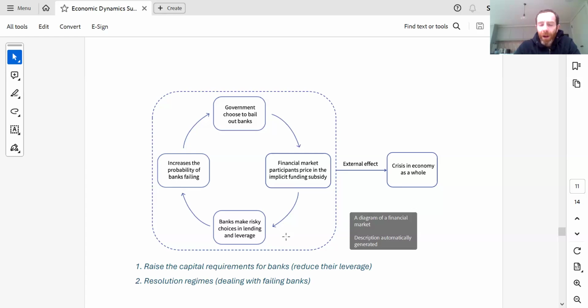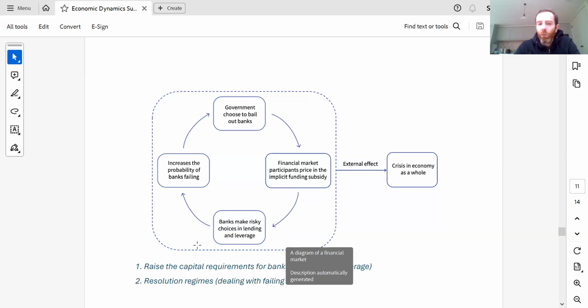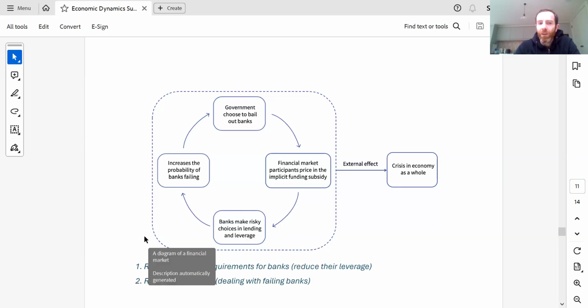Now, within the bank, knowing this makes it more likely that banks will make risky decisions, thinking, well, if it doesn't pay off, the government will step in and help us out. But banks making risky decisions makes it more likely that banks will actually fail, and makes it more likely that governments will have to step in.